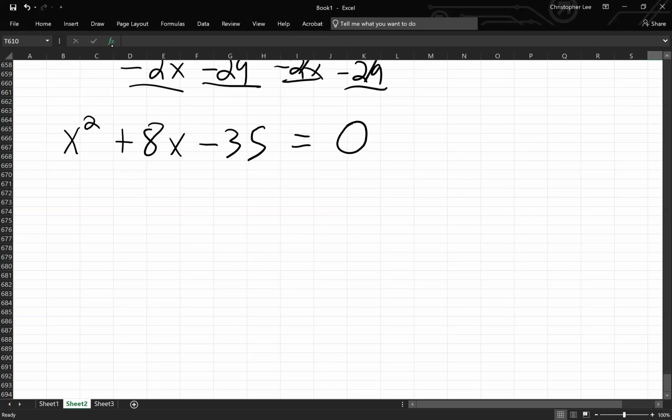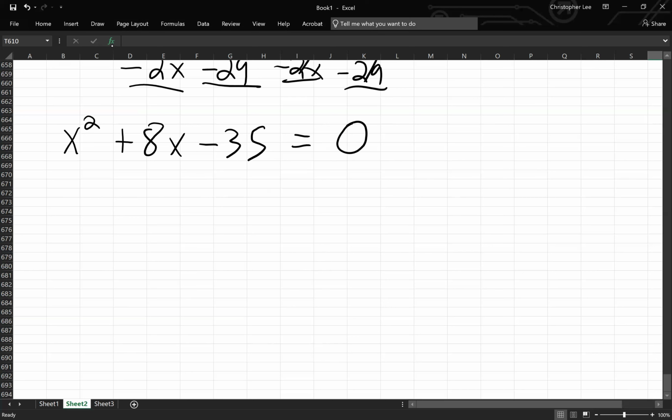So what's the other method that we have? We could do that. But give me two numbers that multiply to 35 and add up to 8. 8 and 3?